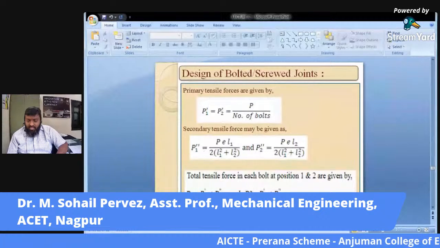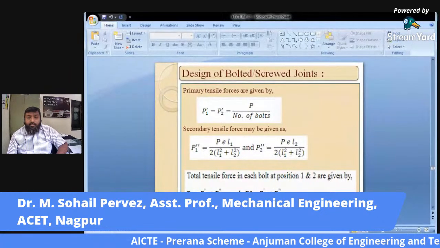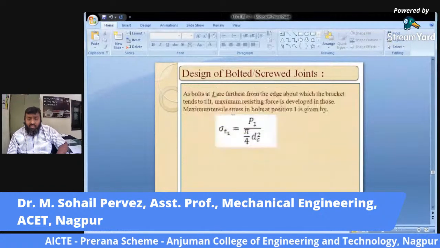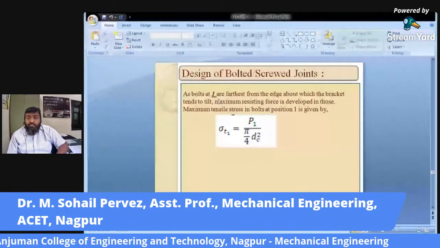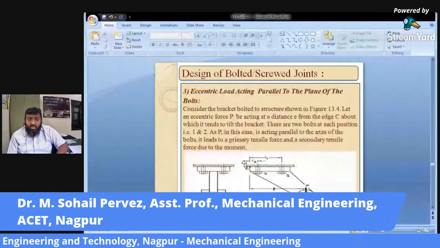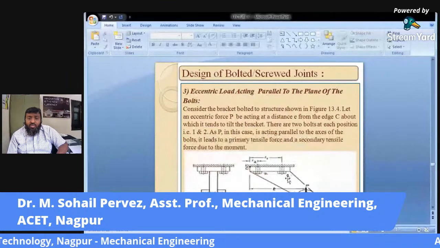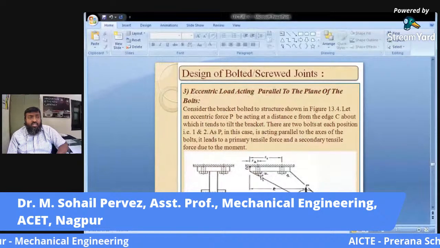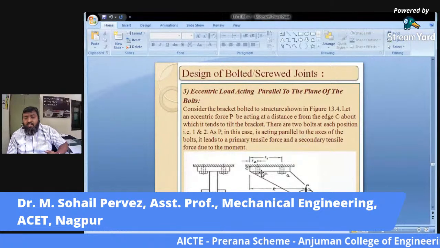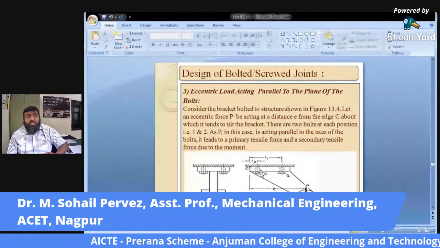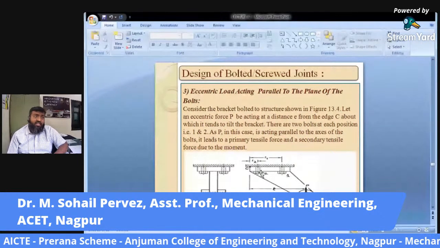The effects are to be added, and then, as for the bolts, I'm repeating this step. See, this is bolt 1 and this is bolt 2. The bolt nearest to the tilting edge will experience minimum tensile effect as compared to the bolt which is farthest from the tilting edge.